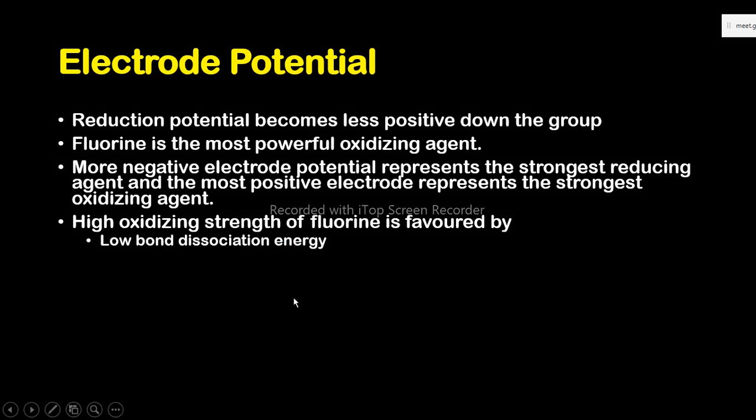Then another factor, which we almost explained, is the enthalpy of hydration, which is high because the atoms are small.